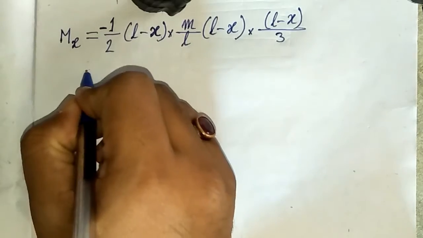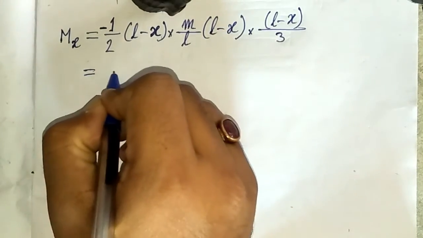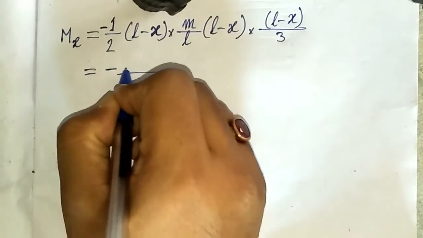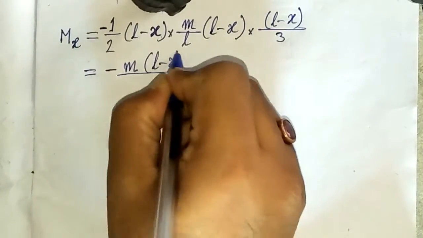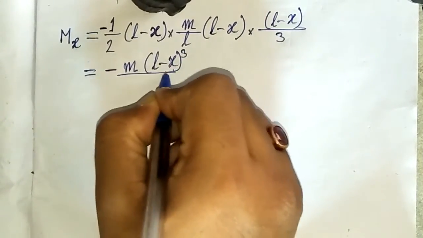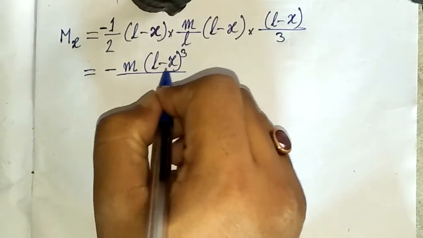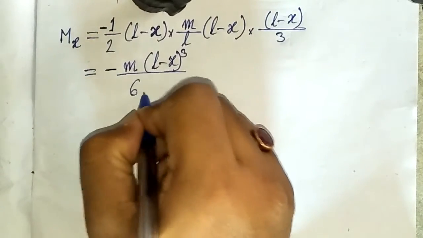So that becomes minus M into (L minus x) cube by 6L.